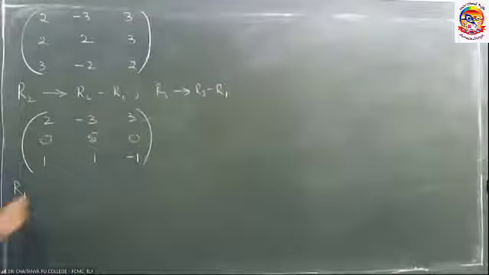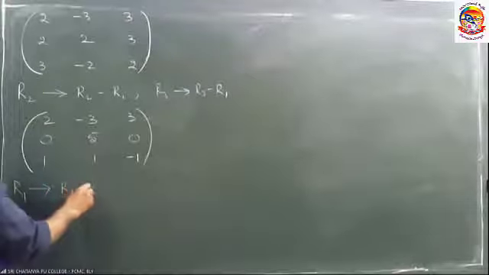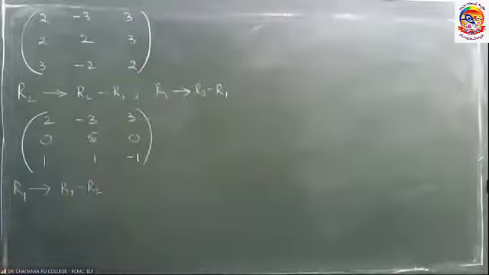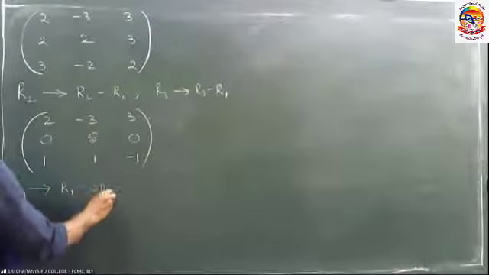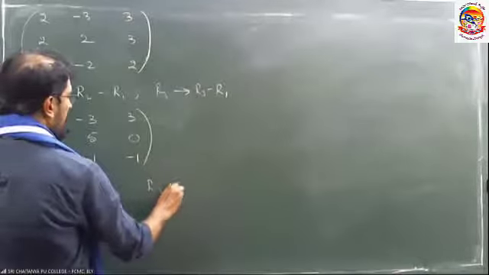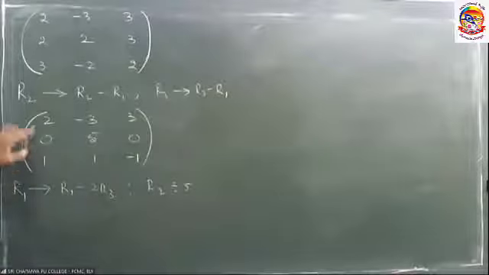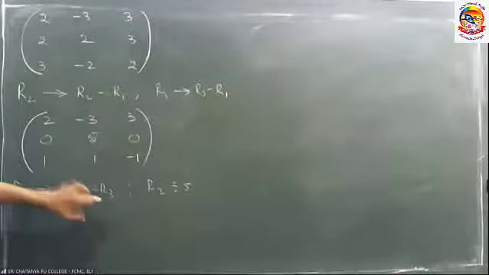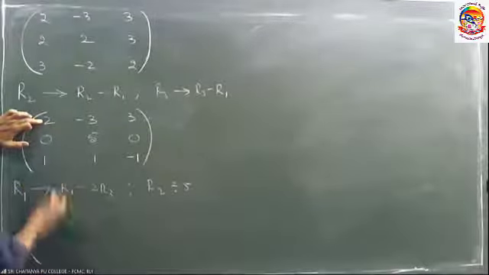Now observe. R1 changes to R1 minus 2R3, and R2 divided by 5. 2 row operations I have used. R1 changes to R1 minus 2R3 means I am going to get 2 minus 2, 0.